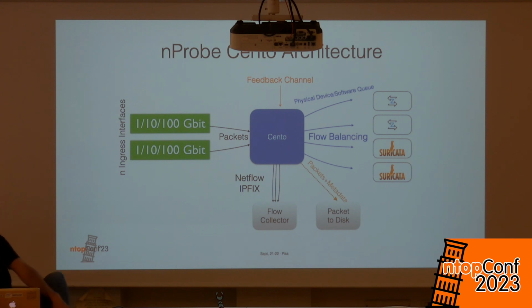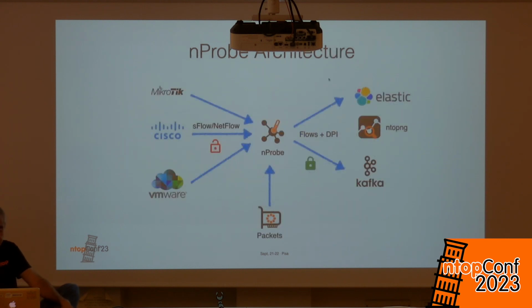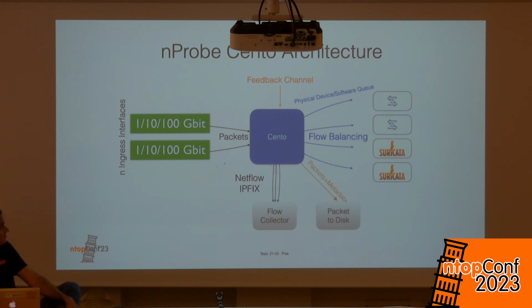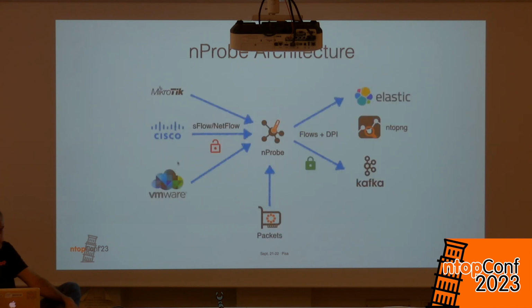Just to give an idea of Cento, I don't want to talk too much about Cento today. The main difference between mprobe and Cento is that Cento, if it wants to go fast, cannot have many options. So what Cento does is the following. It first of all captures packets, no flow collection. If you want to collect flows, you need to use mprobe.